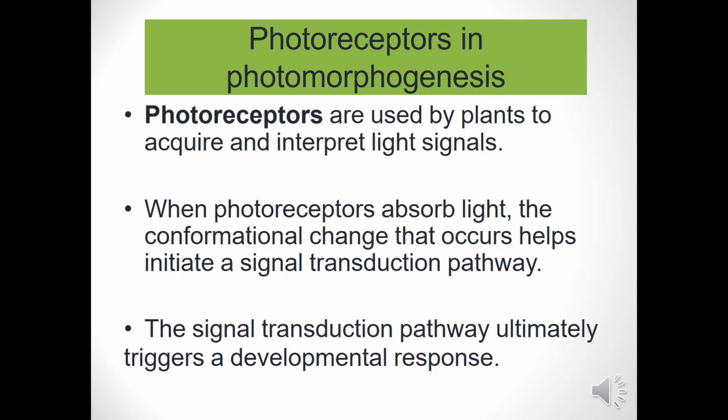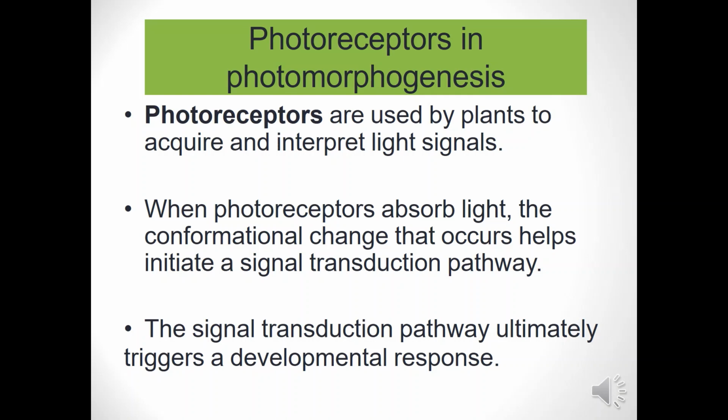So when this photoreceptor absorbs light, it will change its conformation, meaning it will change its shape when it receives the light, and it will initiate a signal transduction pathway.